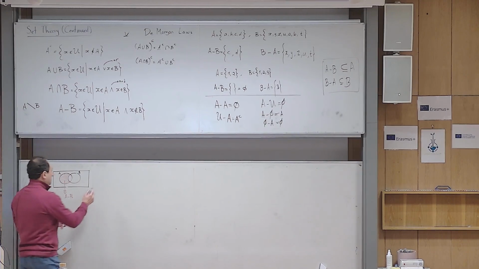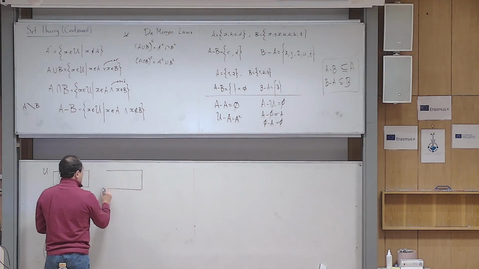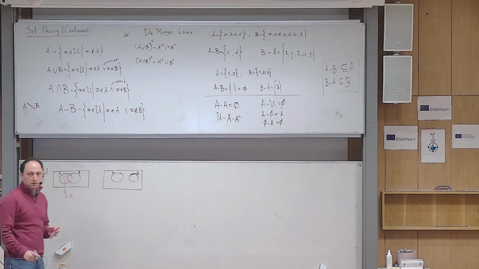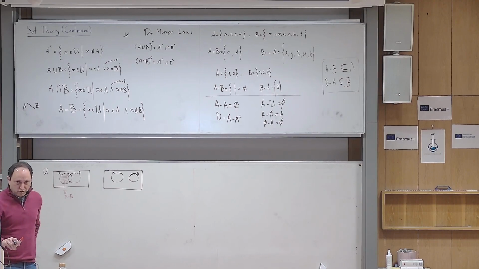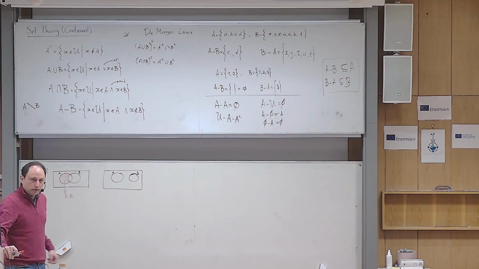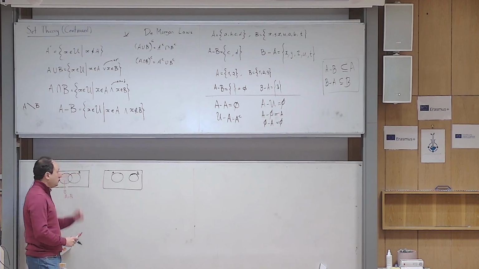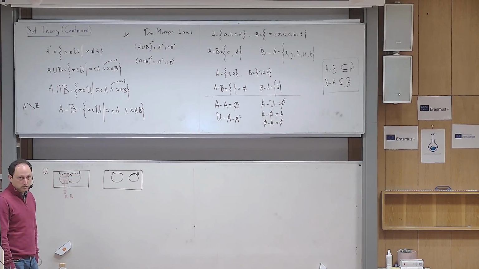What about this scenario? Might be I have this scenario. Do you remember what was the name of these? What was the terminology here? If I have this situation for my sets A and B, there was a disjoint. So if two sets don't overlap at all, those are called disjoint sets. If my sets are disjoint, where should I color for A minus B?